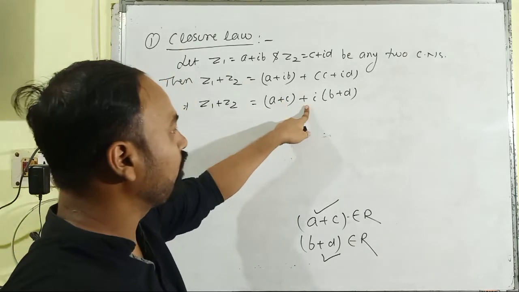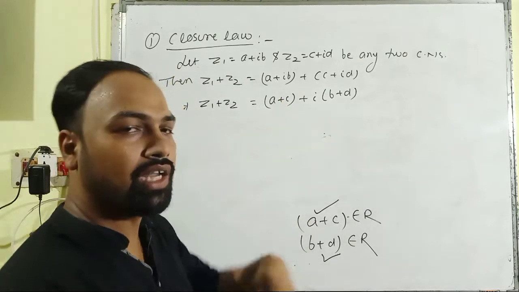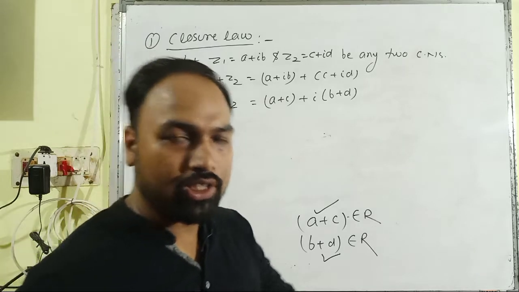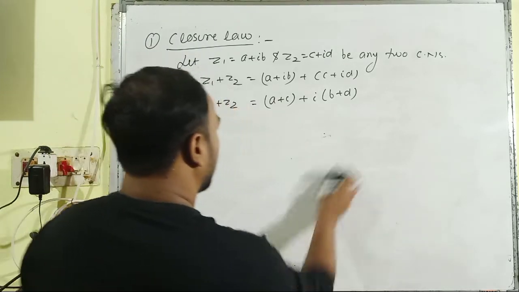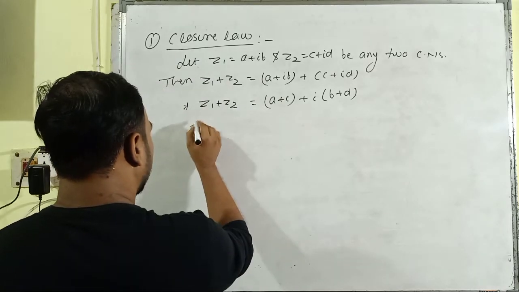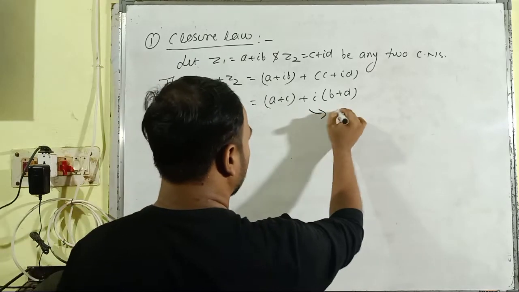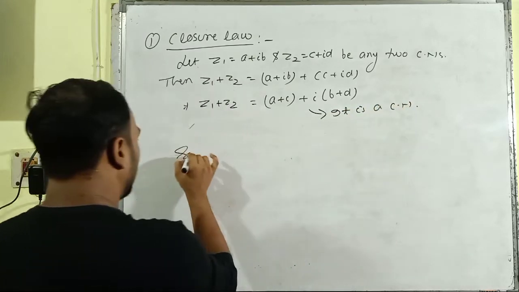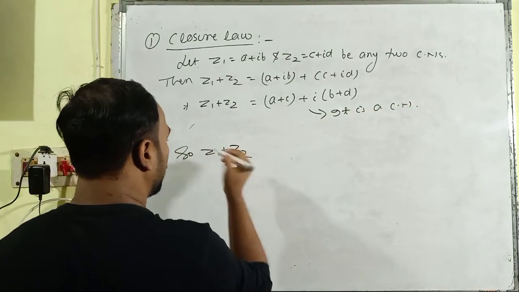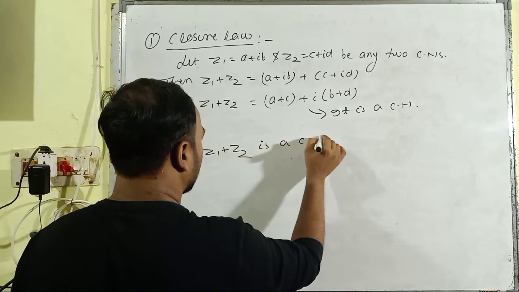So real part plus i into imaginary part means it is a complex number, because it is the definition of a complex number. So Z1 plus Z2 is a complex number.